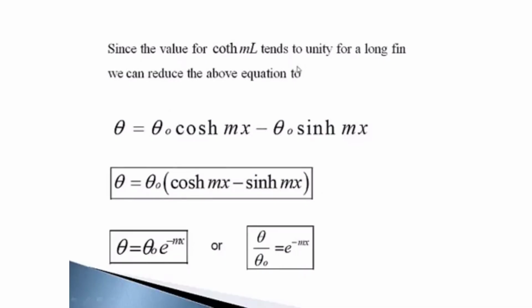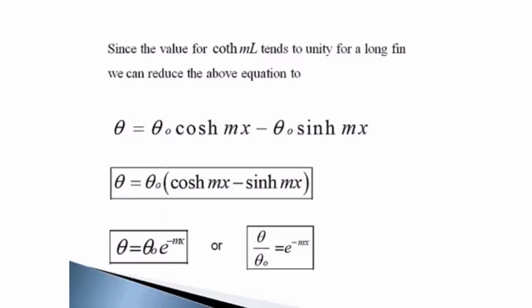Now, the value of cot hmL tends to unity, which means almost 1, when the fin is long or infinite. When the length of the fin becomes large, coth mL becomes 0.9, almost nearer to 1. You can check a large value with the calculator.